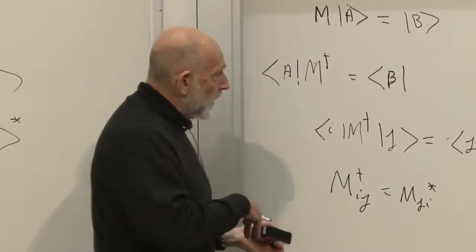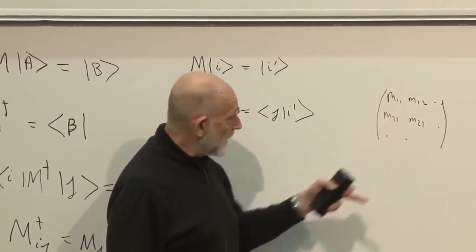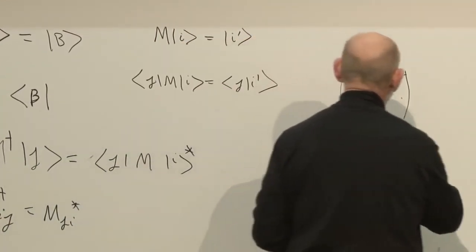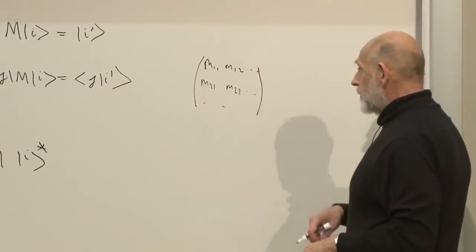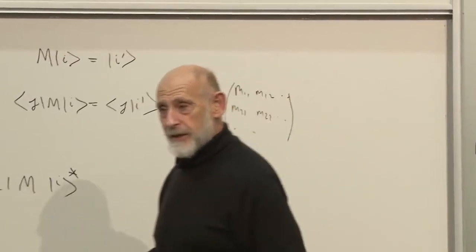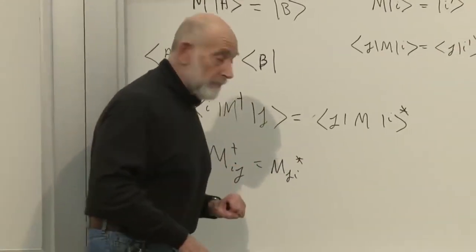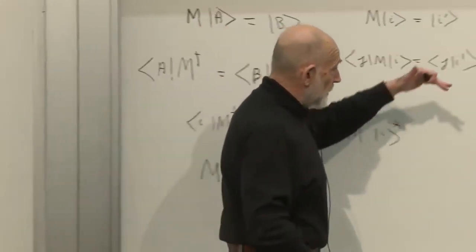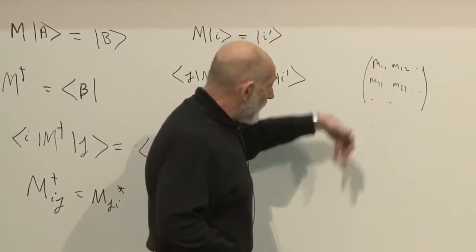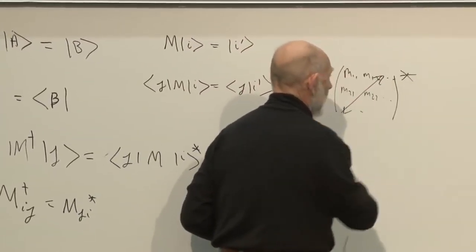Interchanging I and j is like interchanging M12 with M21. You just flip it about the diagonal and you complex conjugate it. Interchanging rows and columns is the same thing as reflecting about the diagonal, and then you complex conjugate.